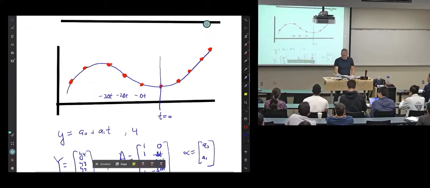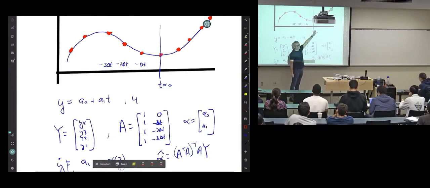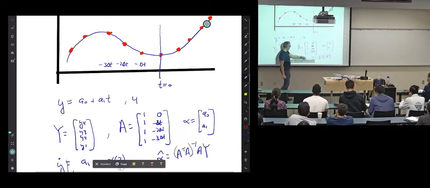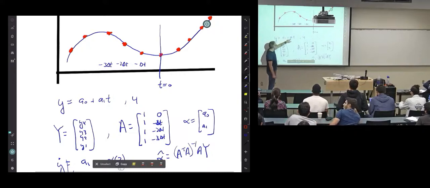Now, questions? How would it have changed if you called this point 0 and then this was 3 delta t? Okay, I flip these, and then when I calculate y dot, I'd be calculating y dot at 3 delta t. So then it's a1 times 3 delta t. That is still a constant as well, okay?